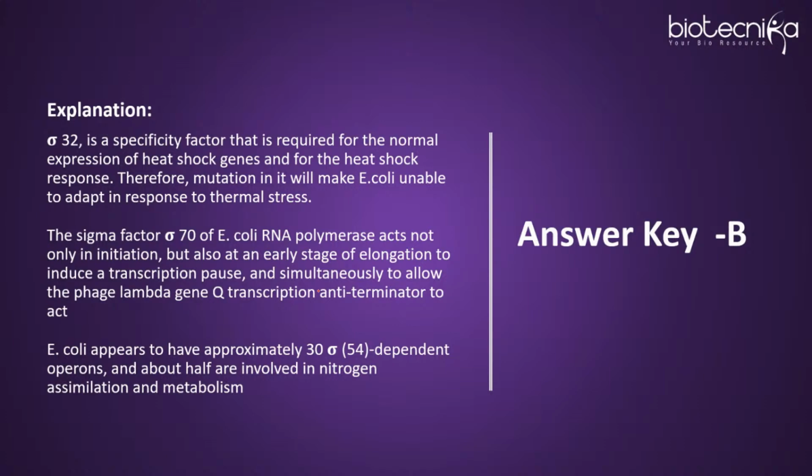Coming to sigma 70. Sigma 70 is one of the first sigma factors found in E. coli RNA polymerase. It acts in initiation, responsible for transcription initiation to take place, but also at an early stage of elongation to induce a transcription pause, and simultaneously to allow the fast lambda gene Q transcription anti-terminator to act.